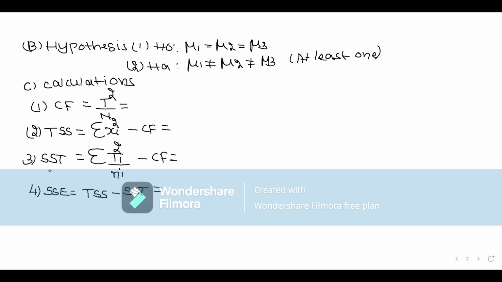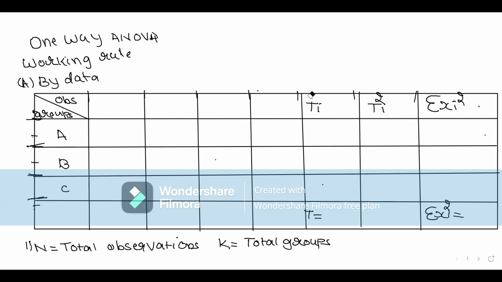Then SST means summation of Ti square upon ni. Summation of Ti square. Look here, Ti square. This value divided by how many? They are the sum of 4 values. This value divided by 4 plus this value divided by 4 plus this value divided by 4.